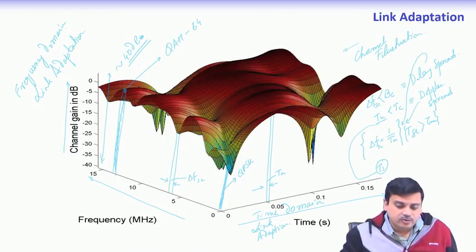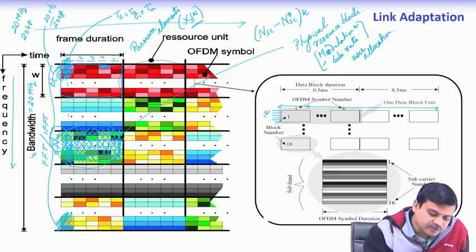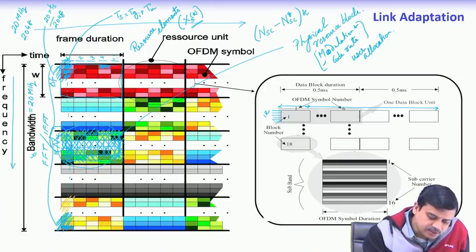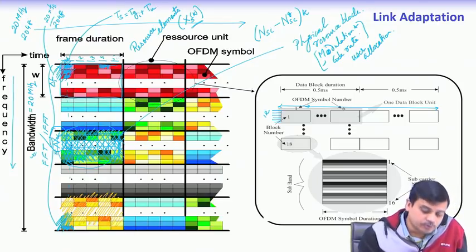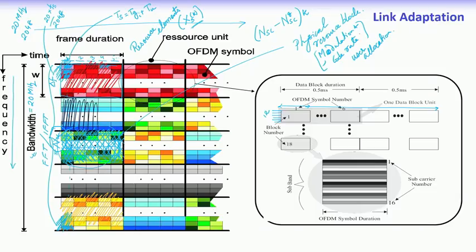Right. So, if we now go back to this grid picture, what we will realize is that each of these frequency bands, so we can use different colors and say that this frequency band may choose a certain modulation and code rate, whereas this particular band may use a different modulation and code rate, whereas this particular band in the middle might choose a different modulation and code rate.